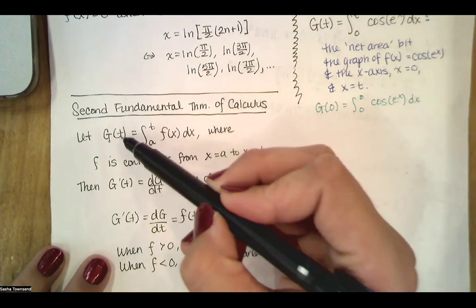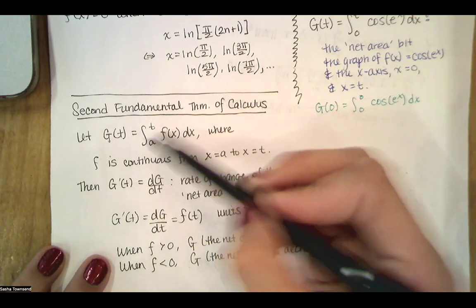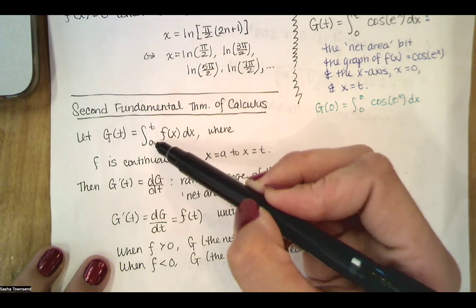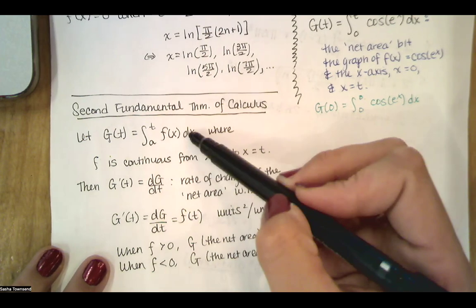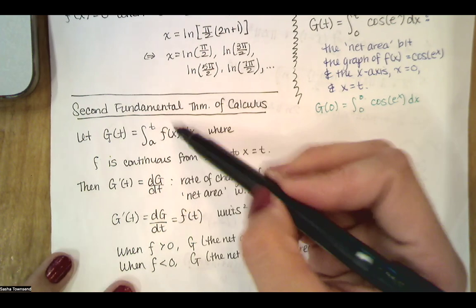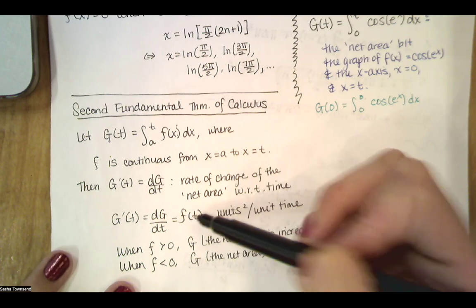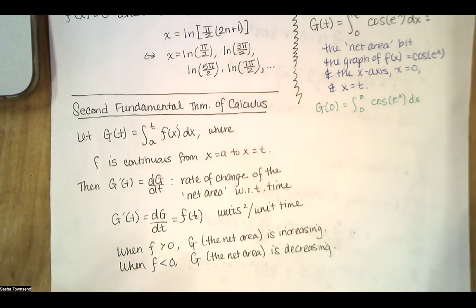If you have an integral function that is an integral from a constant to t of f of x dx, the derivative of that is just the integrand, but instead of having an x inside, you're going to have a t. And this is going to be some number of units squared per unit time if we're interpreting it geometrically as area or net area under the curve.